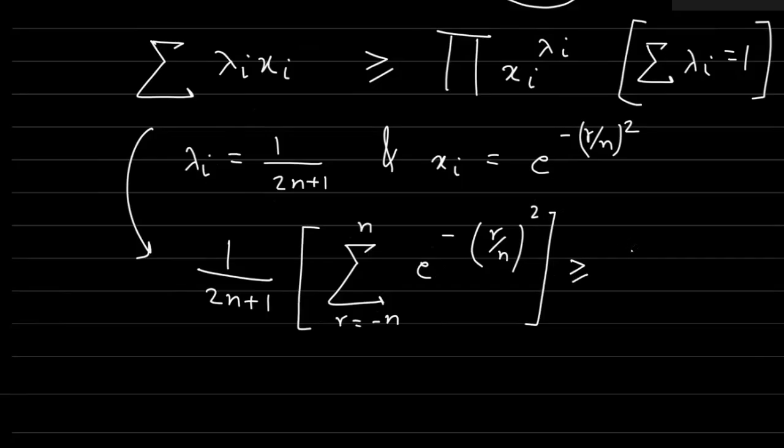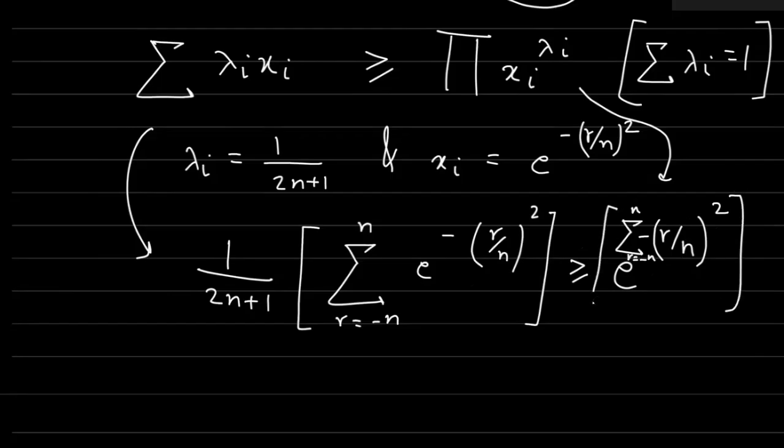This thing will be product of. Now, as all the lambdas are same here, I can raise it to a common power because it is in exponential. So e to the power minus r by n whole square, and I'll take summation here. Okay, it is also ranging from minus n to n. Do not forget that. One by two n plus one.